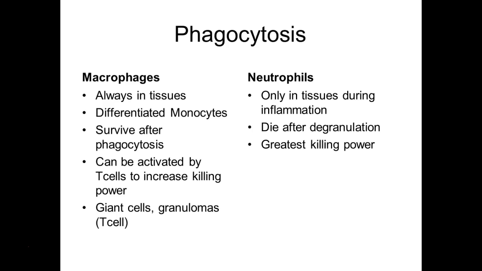Right, so this ends up being a very large grouping of cells, and depending on what's going on will determine how that granuloma grows and whether we're going to be effective with treatment.